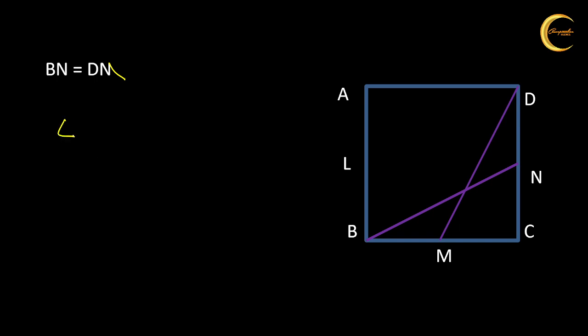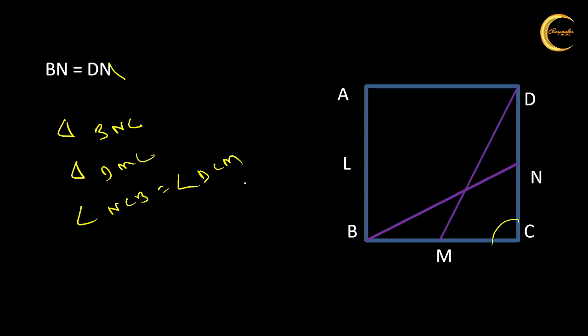So now we have two triangles. One triangle is the BNC, another triangle is the DMC. Now you see these two angles. Here this angle is a common angle. One angle is the NCB equals another angle the DCM.